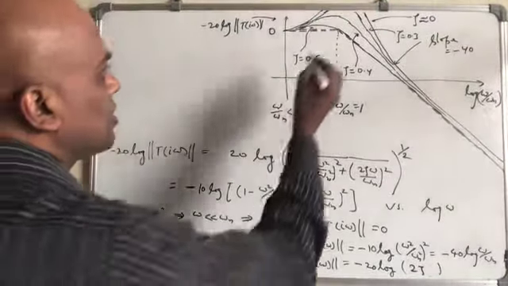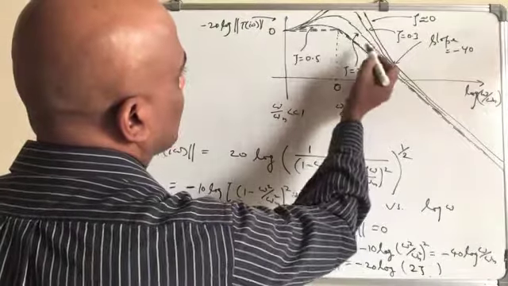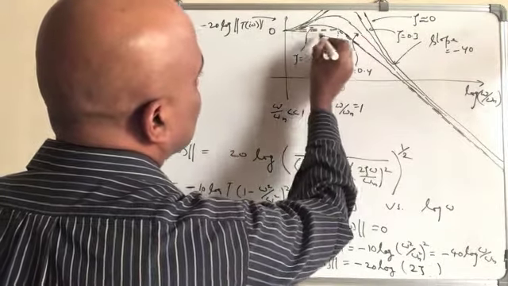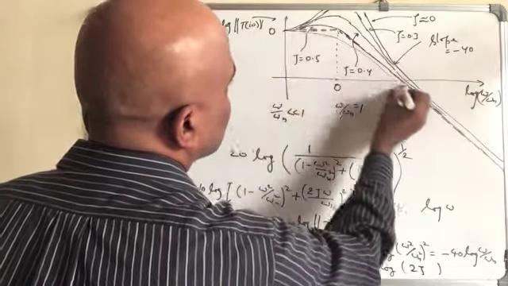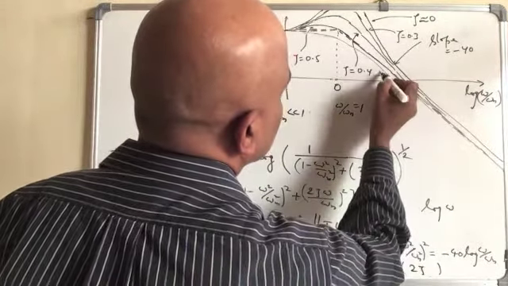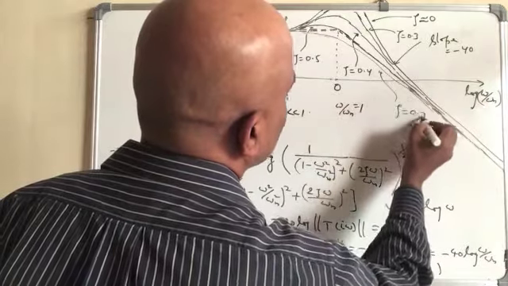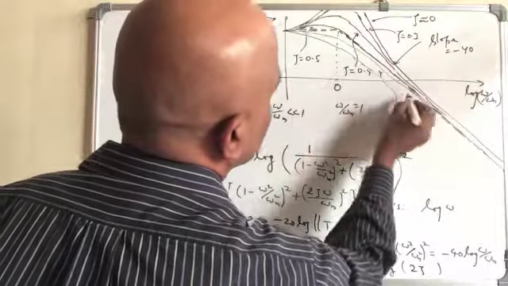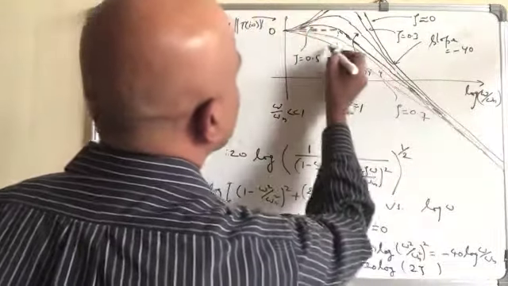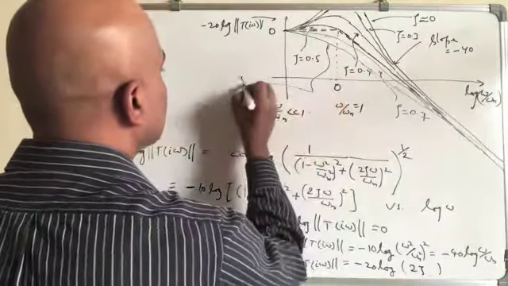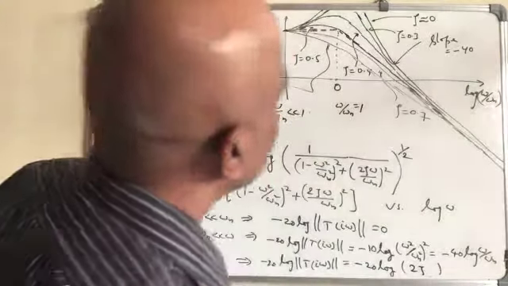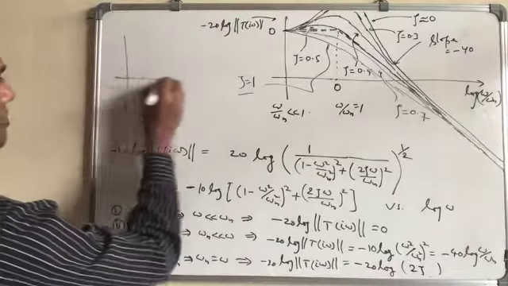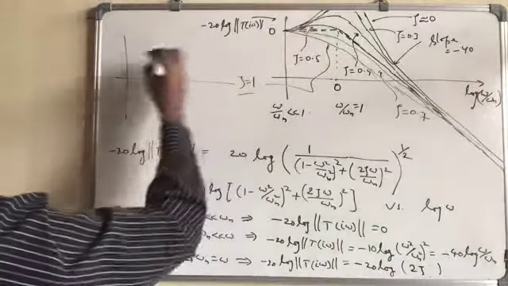If you plot more, this could be zeta equal to 0.7, and even less here it goes maybe something like this. So this could be zeta equal to 1, and so on. So the figure will be something like this if you take all of them into account.